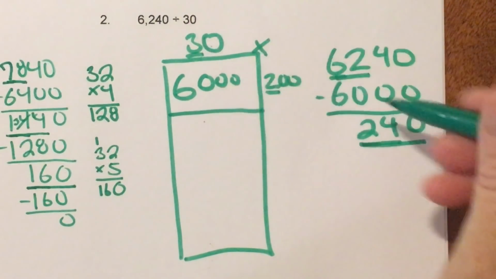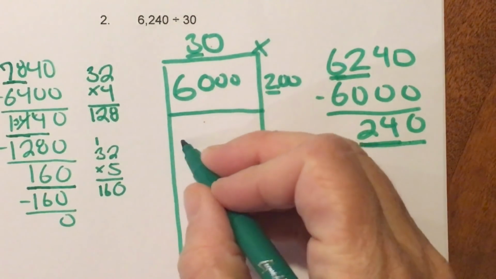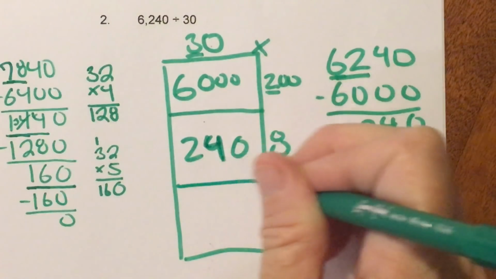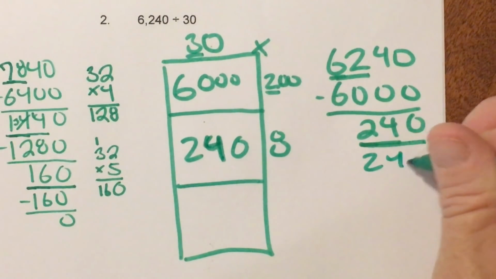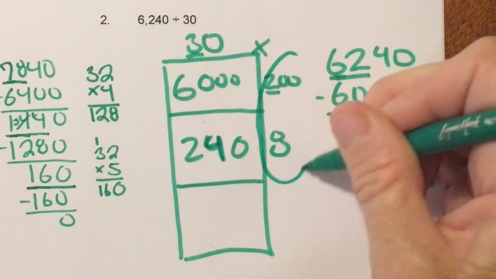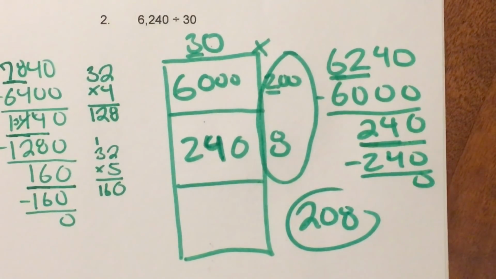Okay, so 30 can fit into 248 times, and 3 times 8 is 24, and add a 0. So 240, and I'm going to subtract, and I get nothing. So my answer is 200 plus 8, which is 208.